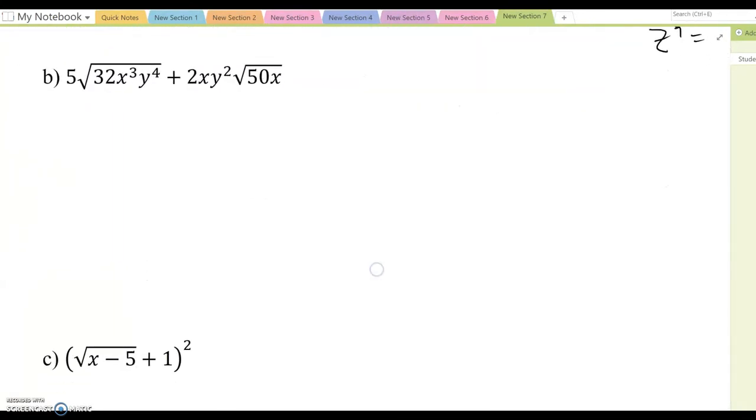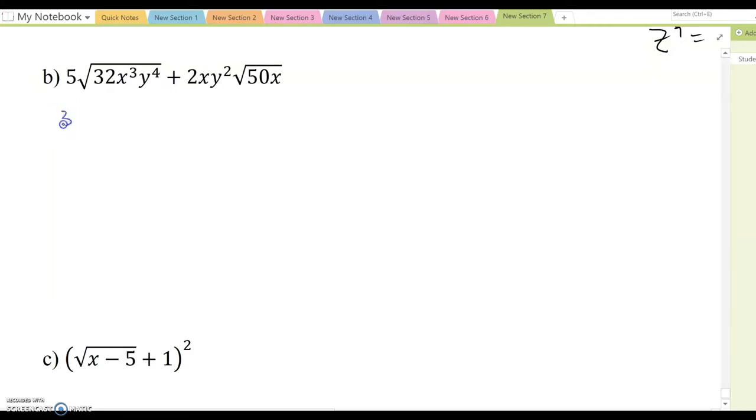Now, B, 5 square root of 32x cubed y to the fourth plus 2x y squared square root of 50x. Based on this form, we cannot combine these radical expressions. But after simplifying, we may be able to combine them. So I'm going to simplify each expression.